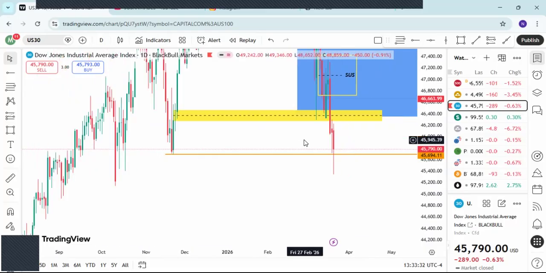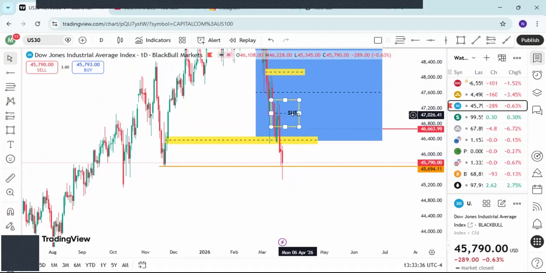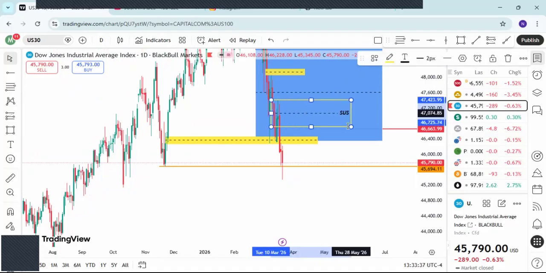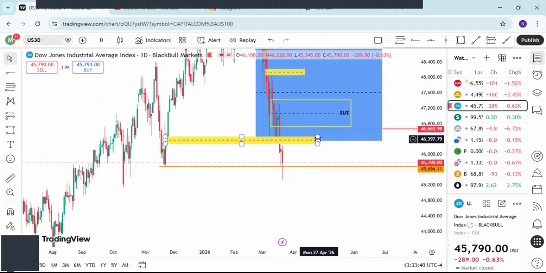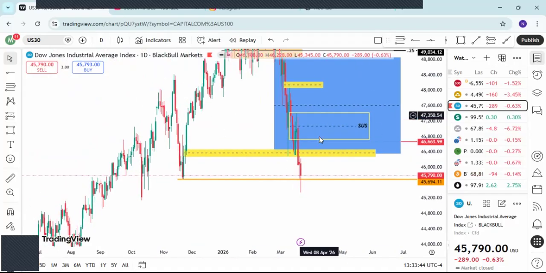All right. So what's next for the US 30? Basically, we like to see nothing in there. We like to see this hold price, even this hold price.